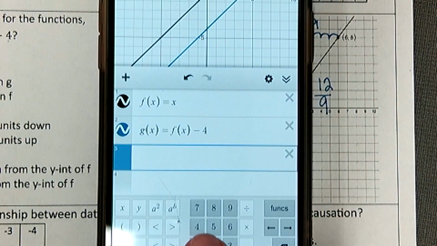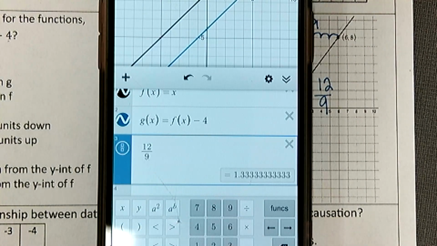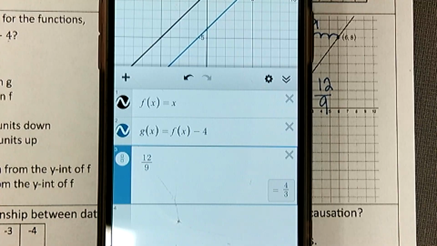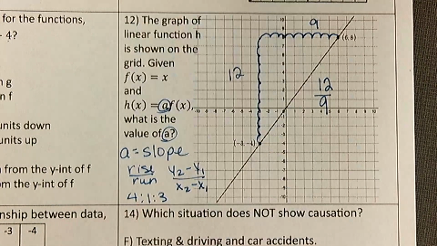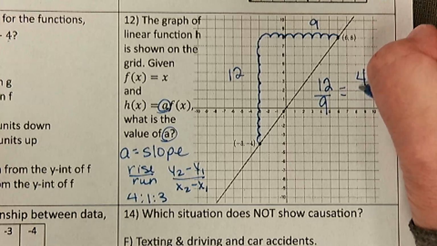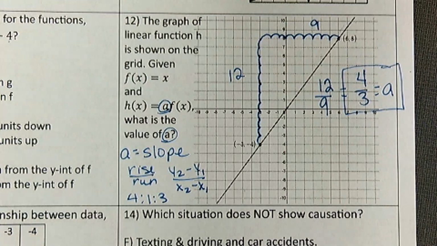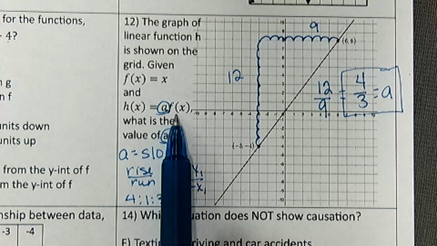So we can say 12 divide 9. And if you push this little fraction button, it will change it to a fraction for you. Or you could do that in your calculator. So our slope here is 4/3, that is our A. A is just slope. It is multiplied in front of X, just like M.